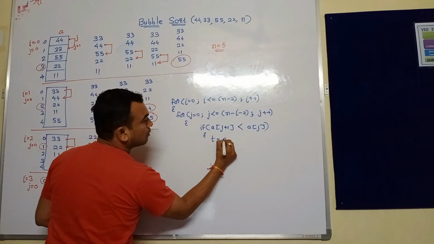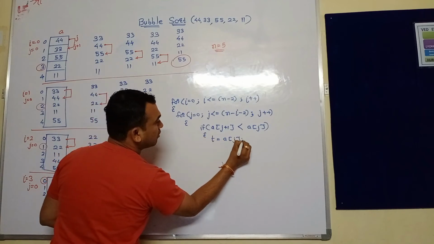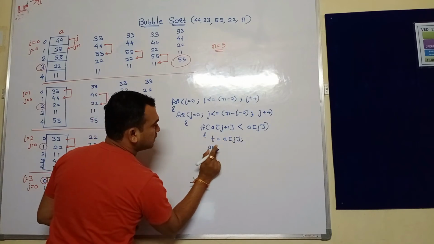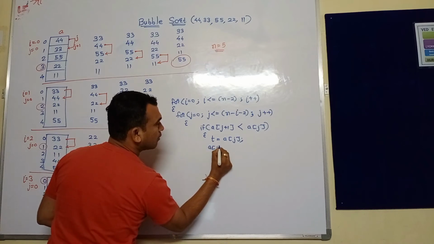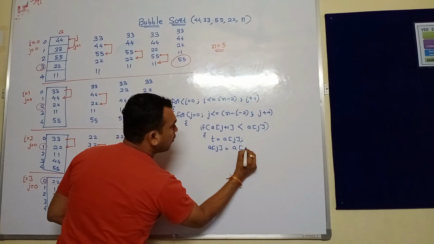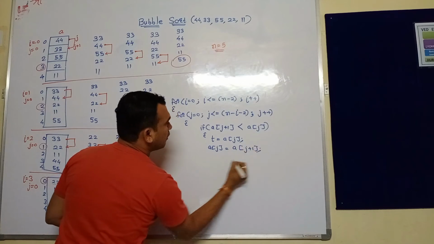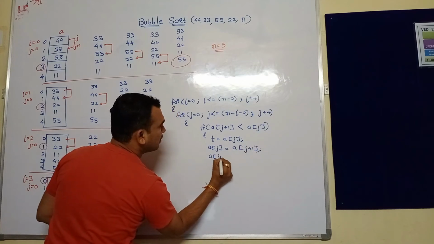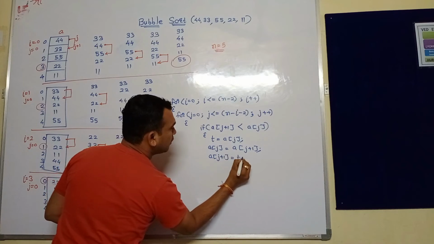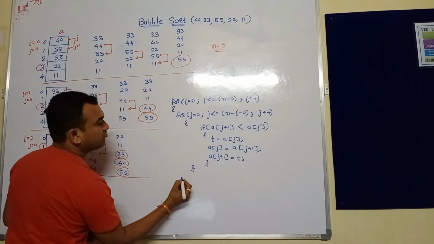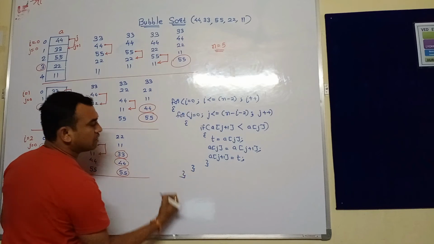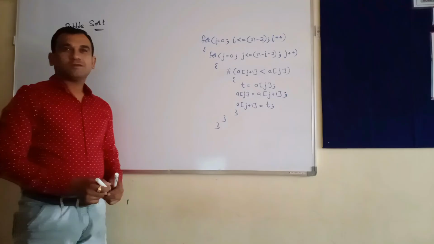So t is equal to a of j, a of j is equal to a of j plus 1, and a of j plus 1 is equal to t. This is my interchange logic. The j for loop is complete, and the i for loop is complete.